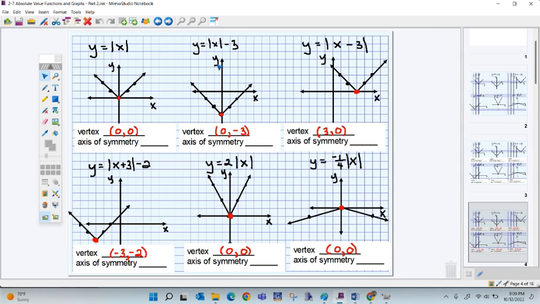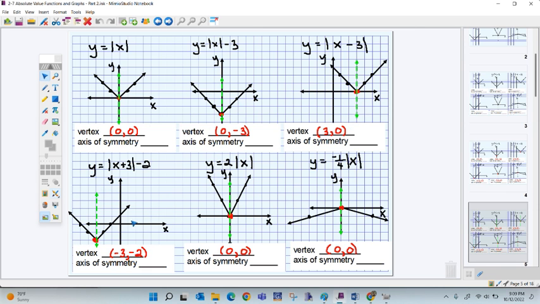Axis of symmetry is that invisible line that goes through the vertex. So here it is, all these little dashed lines that go down through. These are your axis of symmetry for each one of them. There's an equation for the axis of symmetry. You may remember or may not remember that a vertical line has an equation of x equals a number.